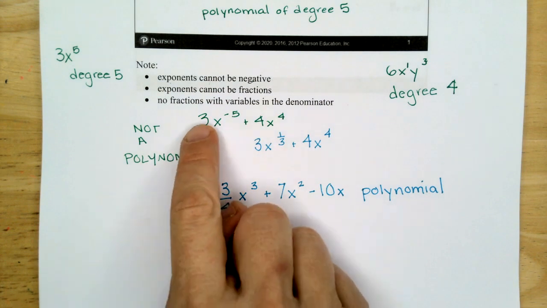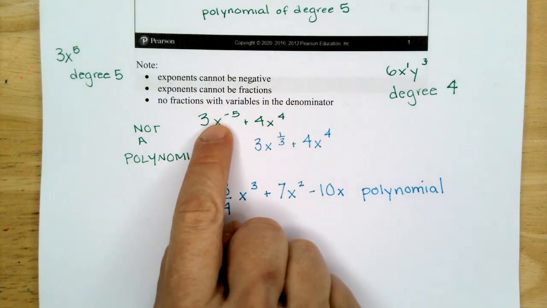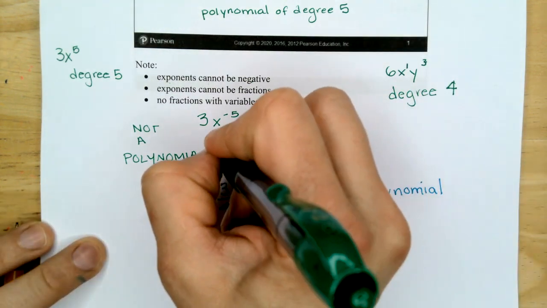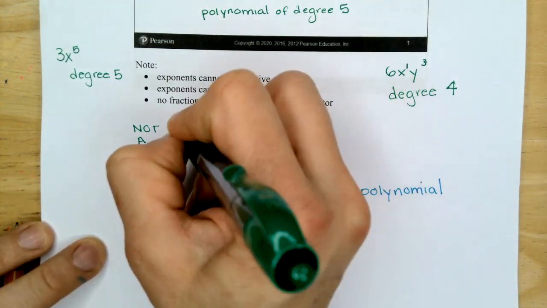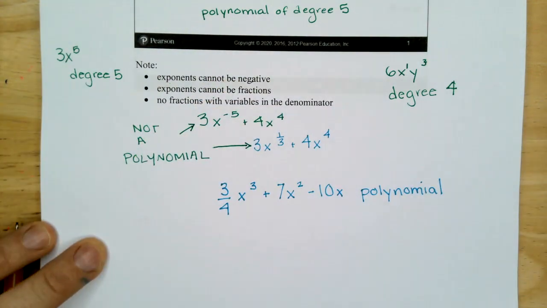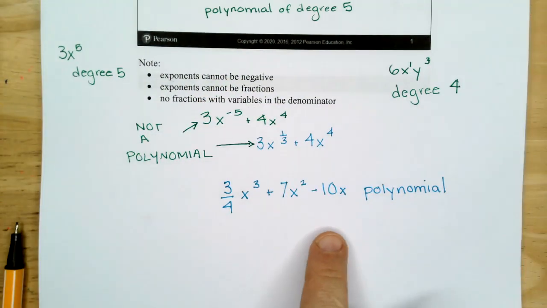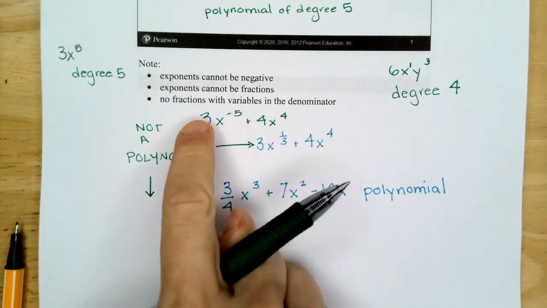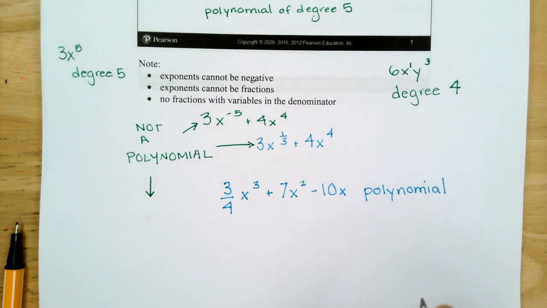So again, this one's not a polynomial because the exponent is negative. This one's also not a polynomial. Should have made those the same color. That one is a polynomial. I'm going to give you another example of not a polynomial, okay? Not. This one's okay.